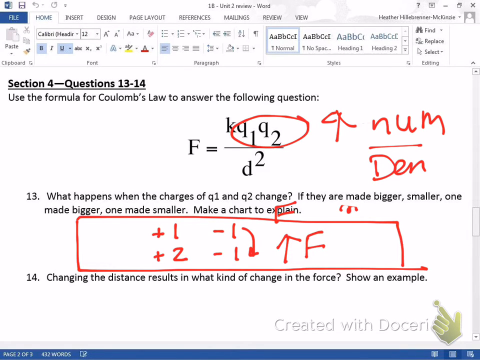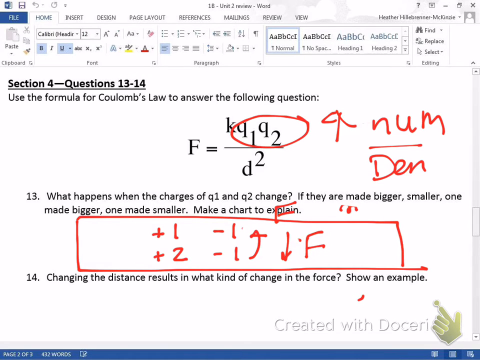If I went the opposite way, I would see that my force now would decrease, right? Okay. Does that make sense? So changing those will have an impact.